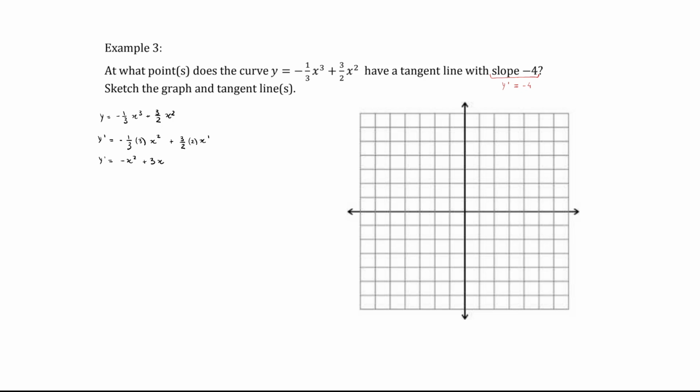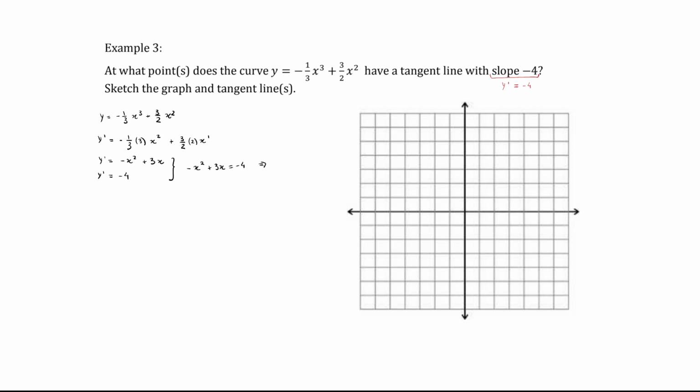And so now, again, I have a value for the derivative, which is equal to -4. So once again, putting these two pieces of information together, I want to know for which values of x is -x squared plus 3x equal to -4.